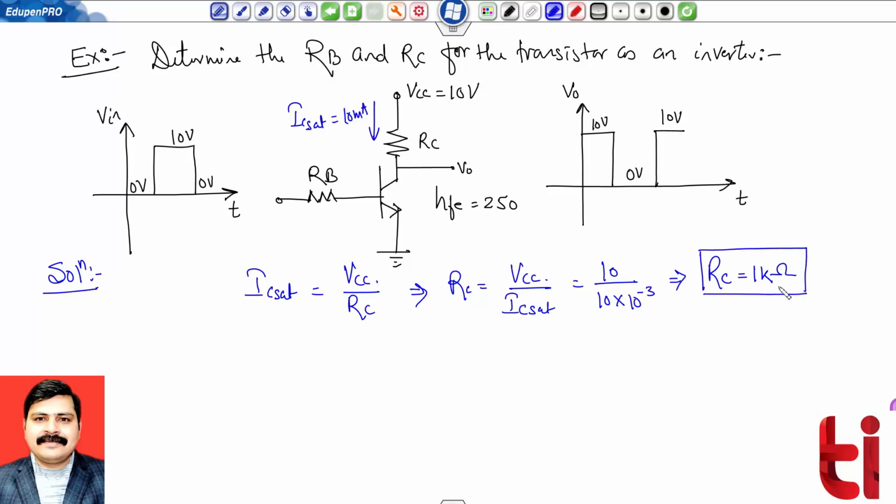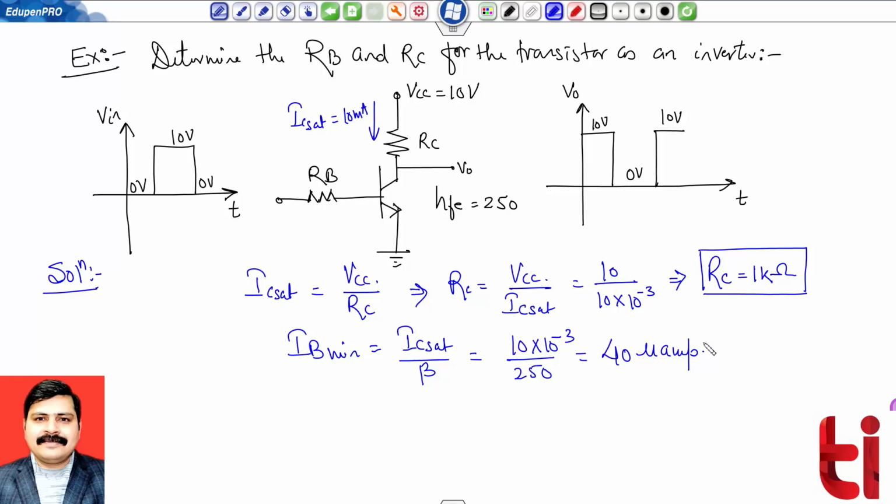Now next, my IB minimum will be equal to IC sat divided by beta. So it is 10 into 10 raised to power minus 3 divided by beta, which is nothing but my HFE, given as 250. So it comes to 40 microampere.